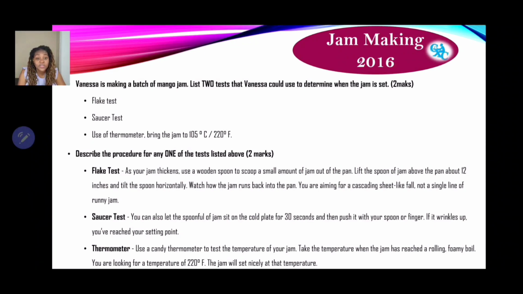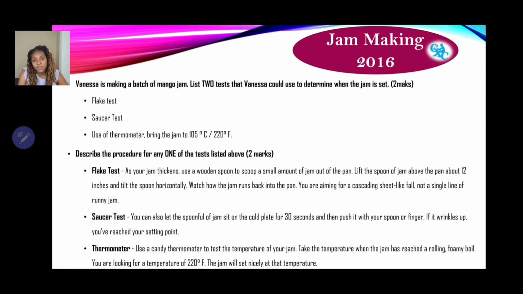There's also the saucer test, and also using a thermometer to test the jam for an ideal temperature of 105 degrees Celsius or 220 degrees Fahrenheit, right? Now the next part of the question reads, describe the procedure for any one of the tests listed above. 2 marks. So we're starting off with the flake test. So how is this done?